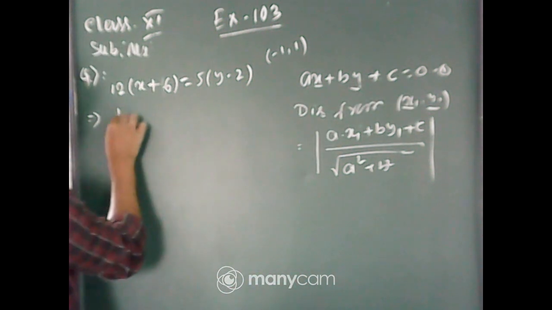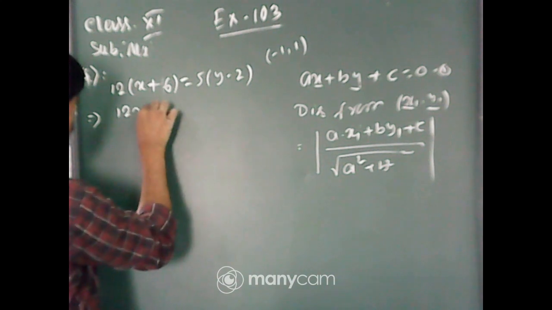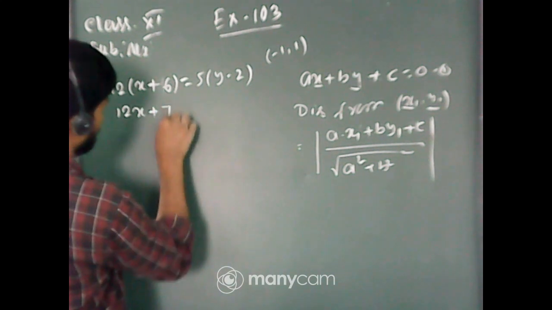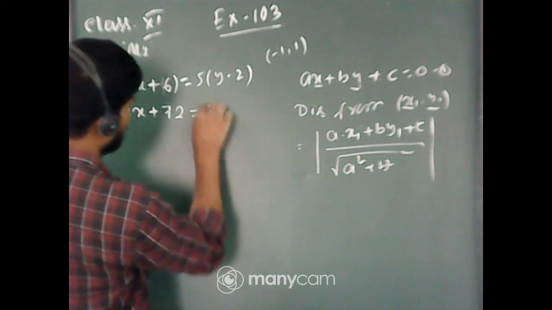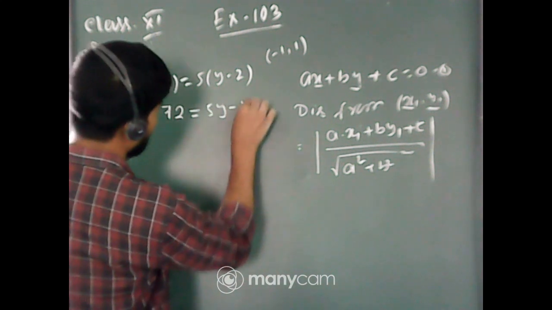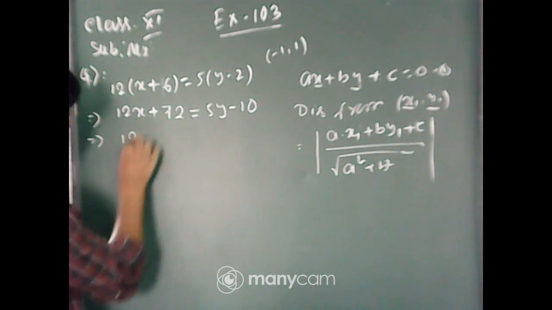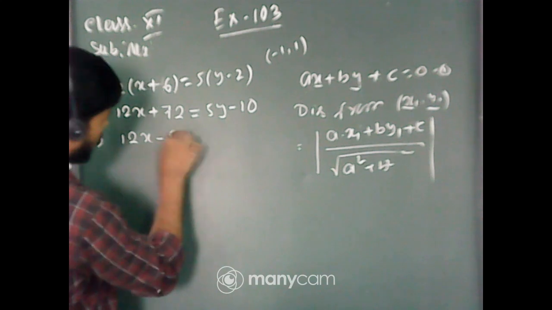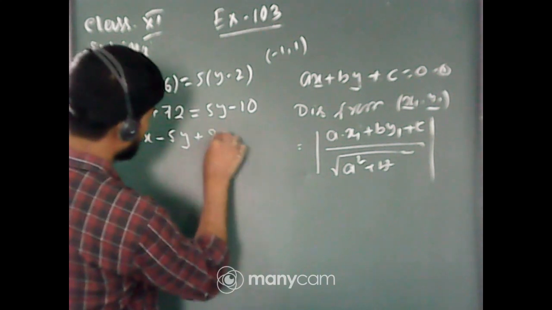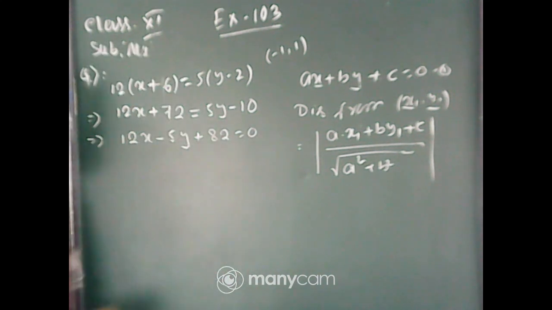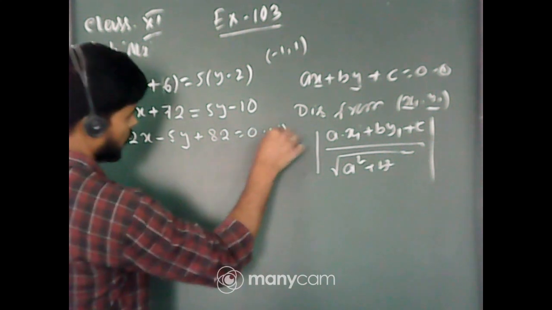That means we have 12x plus 72 is equal to 5y minus 10, that means 12x minus 5y plus 82 is equal to 0. This is our equation number 1.